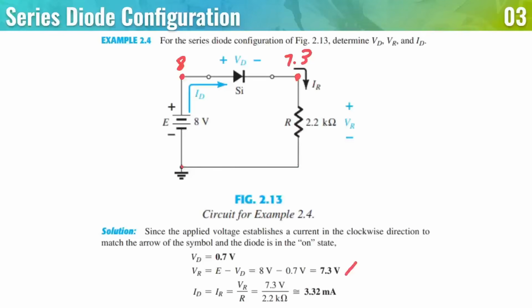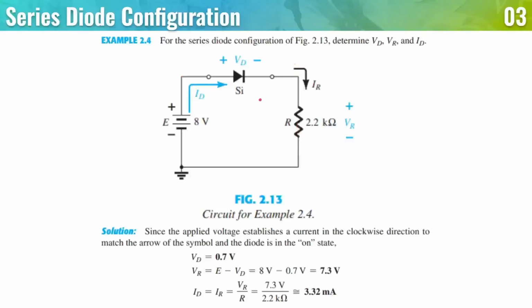We can notice that this is 0 volts, so this node will also be 0 volts. Going across the resistor, we have 7.3 volts over 2.2 kilo ohms, and this is the current across the resistor. Since it is a series circuit, the current is the same across all the elements, so the current across the diode is also going to be 3.33 milliamps.